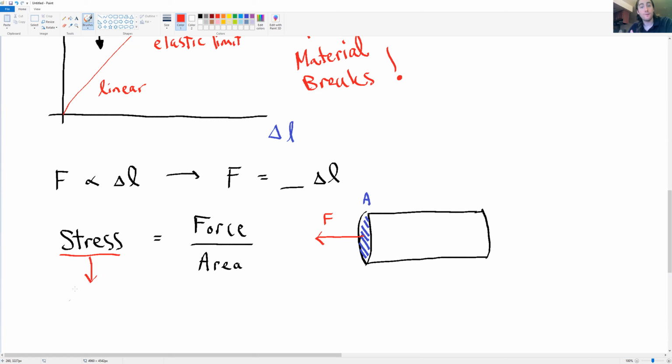And really what force over area is, is a kind of pressure, just to tie it into another physics topic that we're going to talk about in the future. It's actually mentioned in this chapter as well. But that's what stress is, okay? It's a pressure on the cross section of a material. So it's the force that's applied divided by that cross-sectional area there.